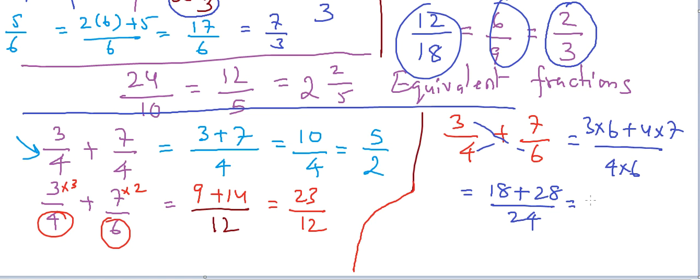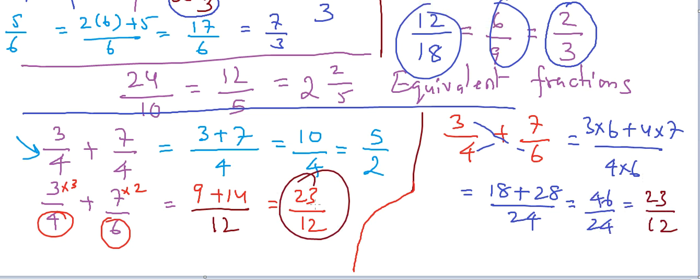Here 28 plus 18 is 46, so 46 by 24. Now both are divisible by 2 because it's not in lowest terms. 46 divided by 2 is 23 and 24 divided by 2 is 12. See, same result.